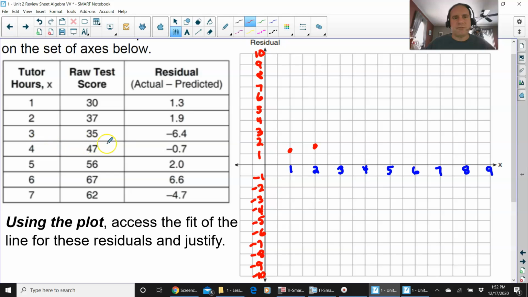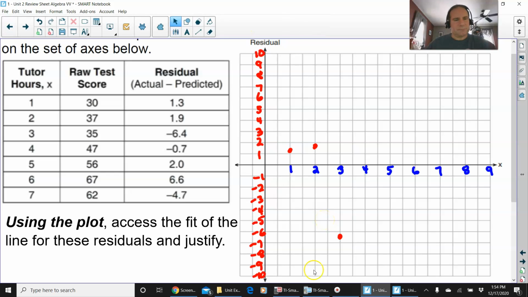When x is 3, the residual is negative 6.4. When x is 4, the residual is negative 0.7, which is right here.